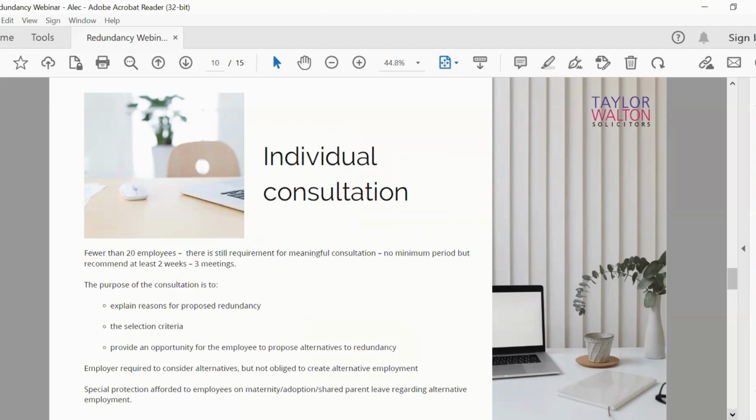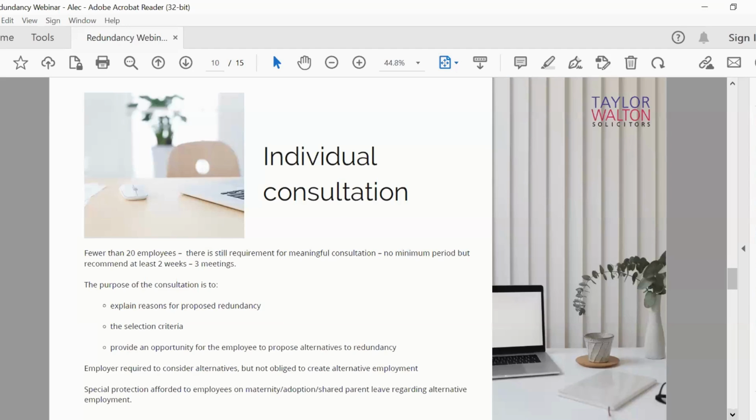And there's no minimum period, as there is with collective consultation, but I would recommend that the consultation period is at least 2 weeks, normally, say, 3 consultation meetings: one to explain the proposal to the employee, another one for the employee to have an opportunity to respond to the proposal with perhaps alternative suggestions, and a third one, a sort of a roundup one, or if there's anything further to add before the decision is taken to dismiss on the grounds of redundancy.